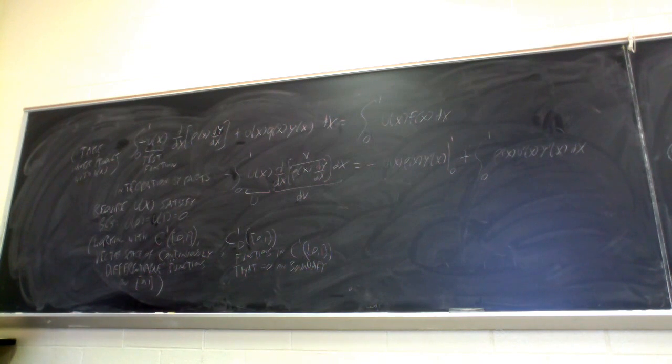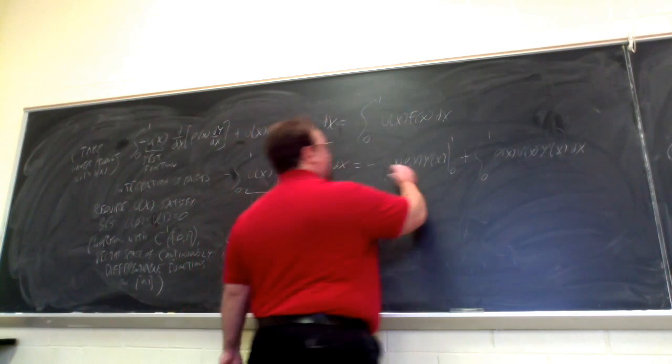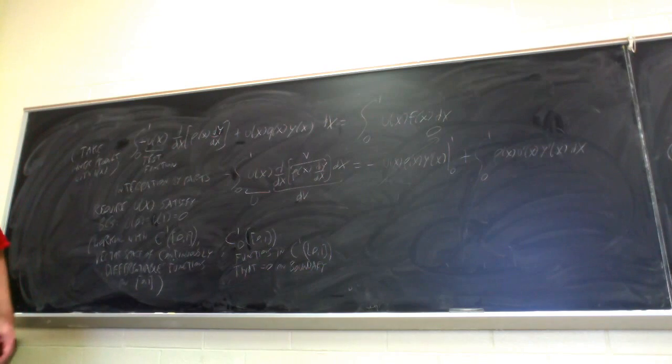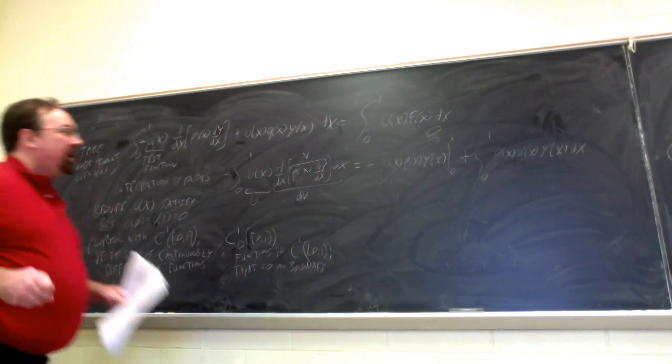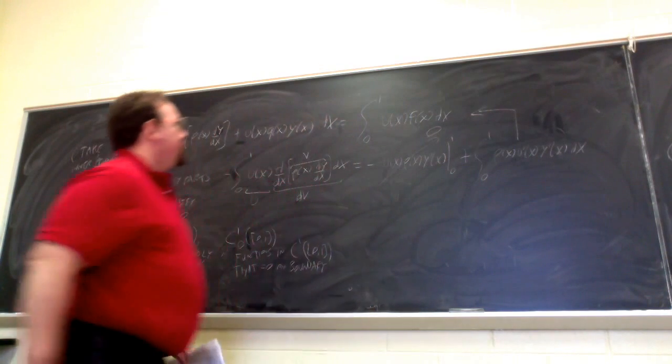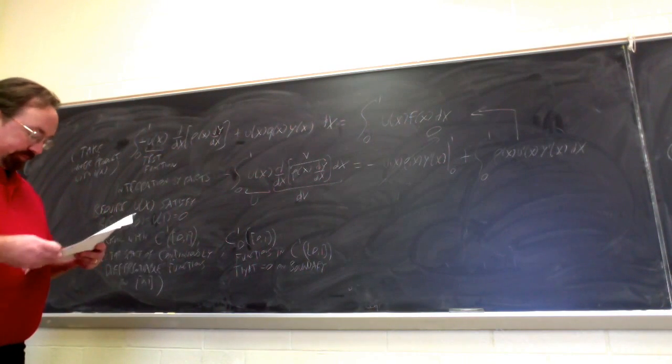And since u of 0 equals u of 1 equals 0, that goes away. That's why I'm doing this. So this is gone. Now I can take this remaining integral and put it back in what I had.